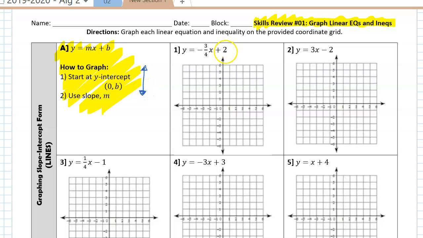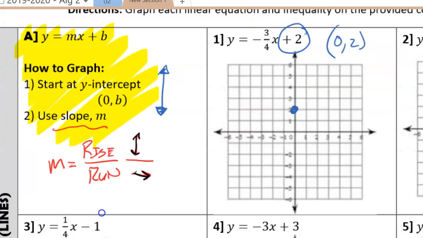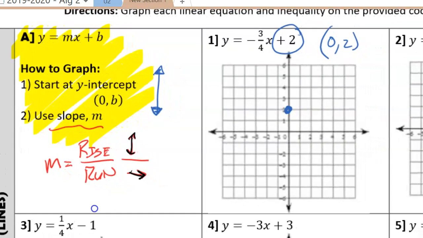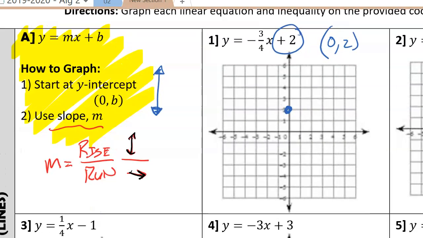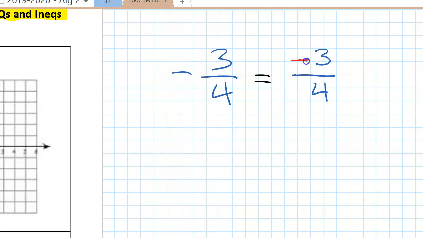So looking at number 1, we see that our y-intercept value is at (0, 2). From there, we use our slope value. Slope is rise over run. Now remember, when we're dealing with slope, specifically with fractions, looking at this negative 3/4, I always interpret negative 3/4 as negative 3 over positive 4.